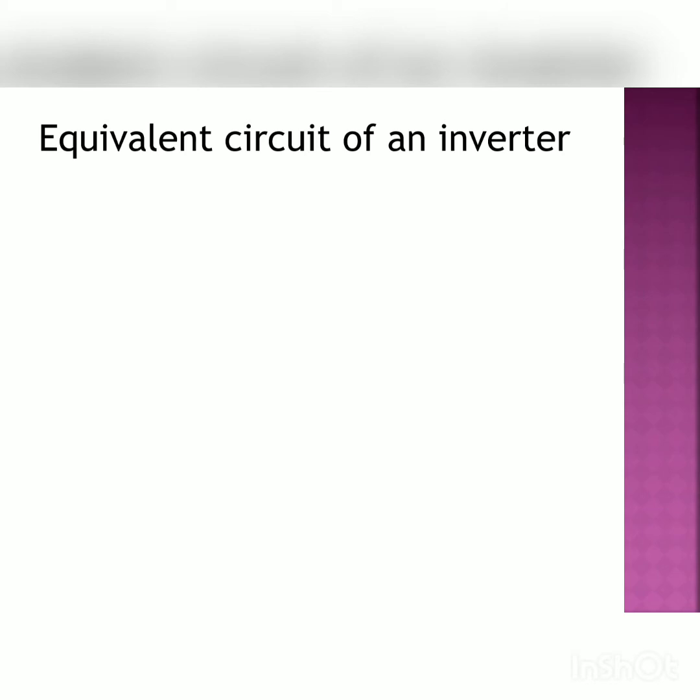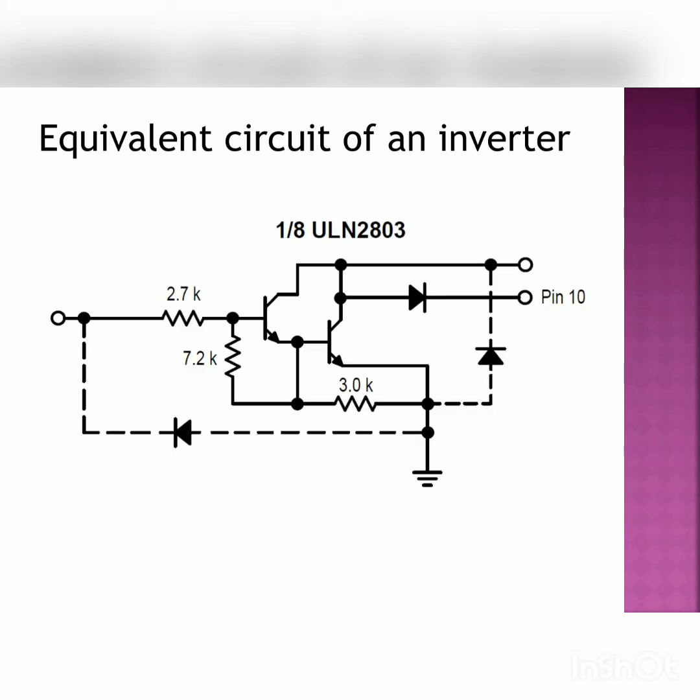Now we will go for the equivalent circuit of an inverter. If you look at the circuit, it simply consists of two NPN transistors connected in Darlington fashion along with the clamp diode whose cathode is connected to pin number 10.